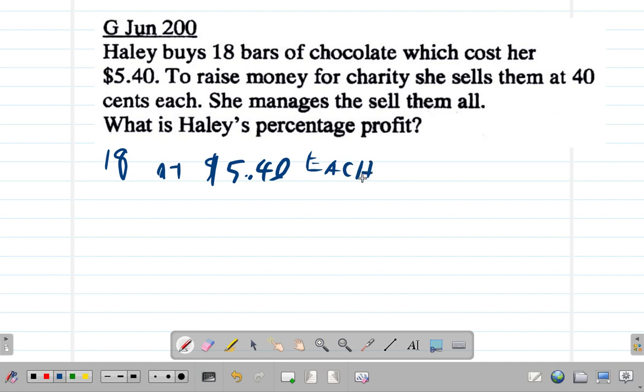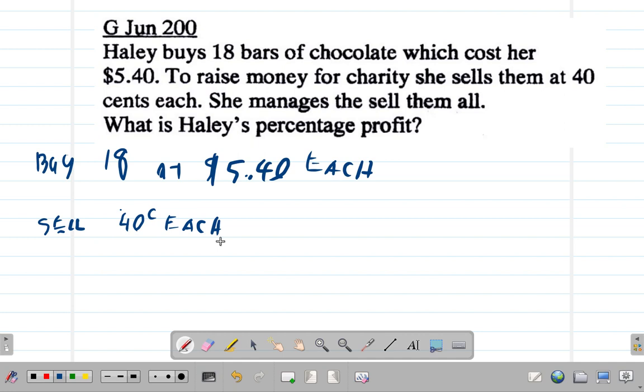To raise money for charity, she sells them at 40 cents each. Now remember, this is buy. This is now sell. 40 cents each. She manages to sell them all. What is Haley's percentage profit?